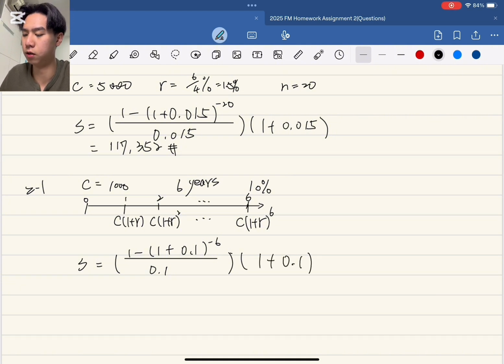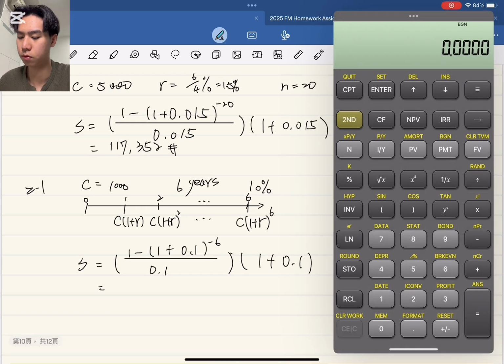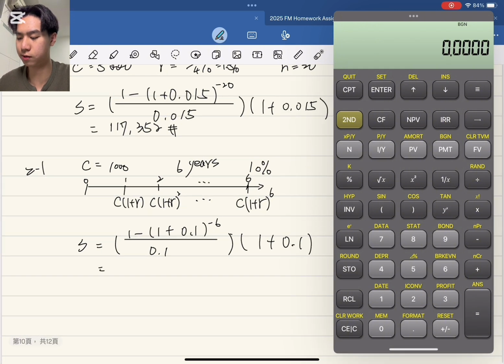We use the financial calculator to compute. First, 6 times we can receive the money. Interest rate 10%. Present value 0.